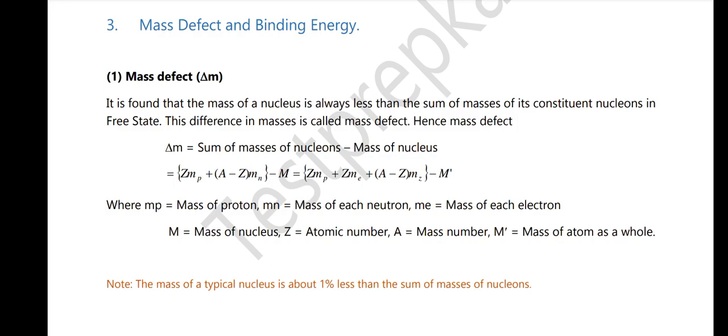In this topic, first let us see what mass defect is. The symbol is delta M. It is found that the mass of a nucleus is always less than the sum of the masses of its constituent nucleons in the free state.